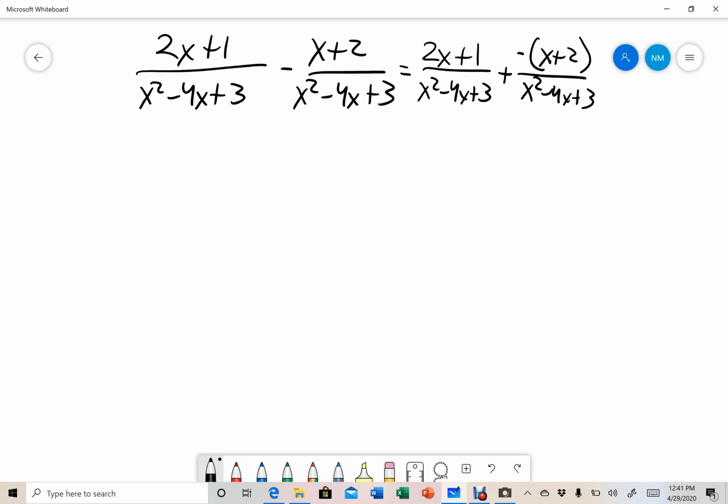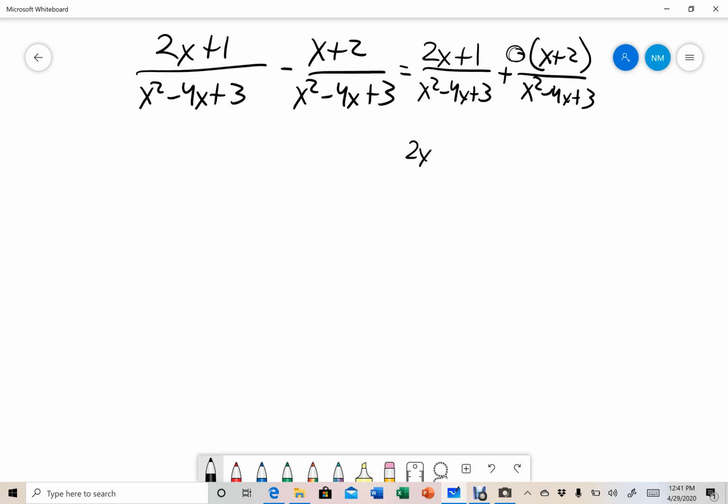So when I combine these together over one common denominator, I have my 2x plus 1, and now this x is a negative x because of the negative sign outside, and this positive 2 is a negative 2. So this negative sign changes my signs inside. In other words, I can rewrite this like this.